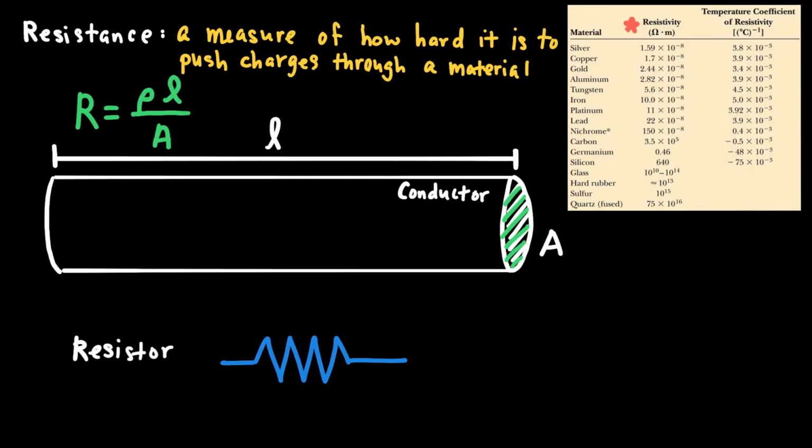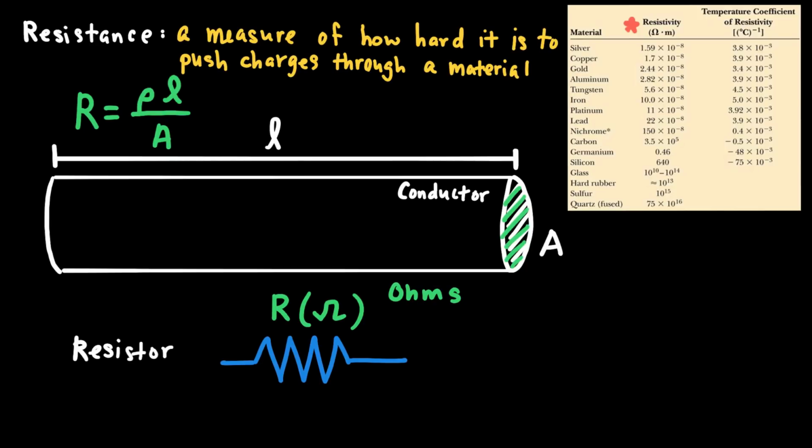And if the units of resistivity is omega times meters, then that means if you look at the units for the length and the area, that the units of resistance on the left-hand side of the equation is just that Greek letter omega. That Greek letter omega happens to be the unit of resistance, which is ohms, O-H-M-S. Resistance is measured in ohms.